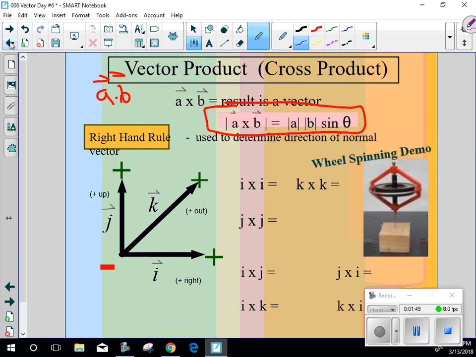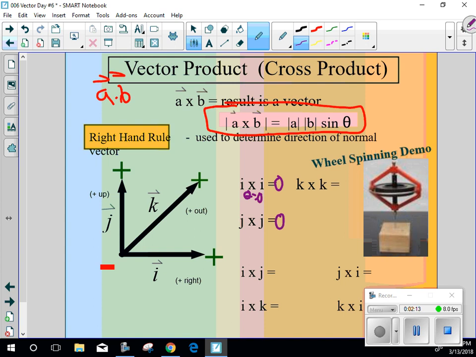So when we look at this, I cross I, the angle is 0. So what's the cross product going to be? Well, each unit vector has a length of 1. So I has a length of 1. 1 times the sine of 0 is going to be 0. What will J cross J be? 0.